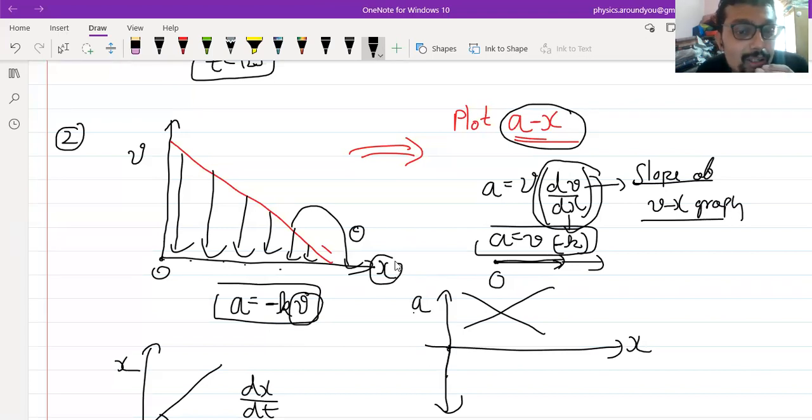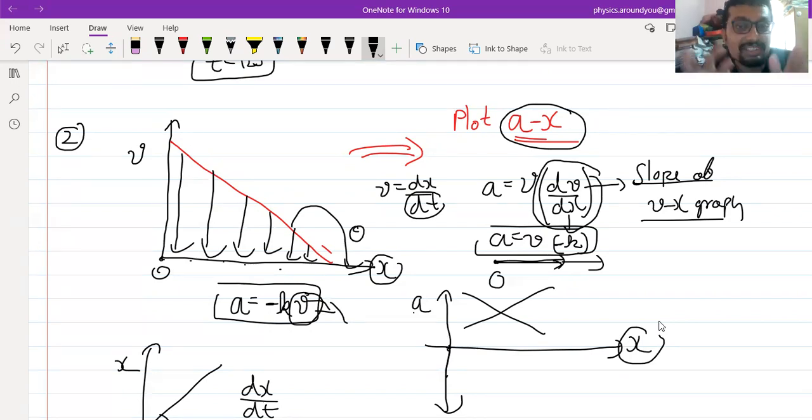V is dx by dt, but there t enters, isn't it? I need velocity dependent only on x. How will I do that?